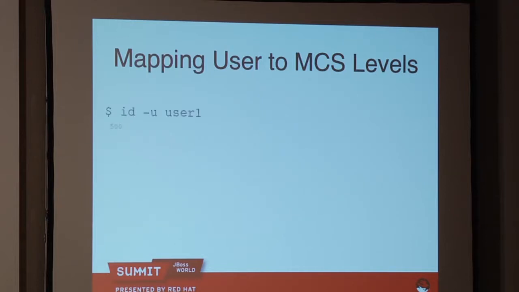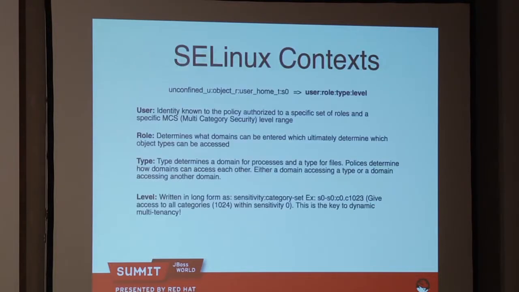Okay, so now the trick is mapping that context to a user. The thing that we gain here with the level is the ability to dynamically pick a context for a user.